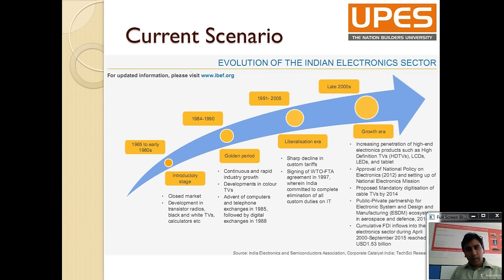So let's start with the current scenario of the Indian electronics sector, or let's say how electronics has evolved in our lives in the last 3 to 4 decades.